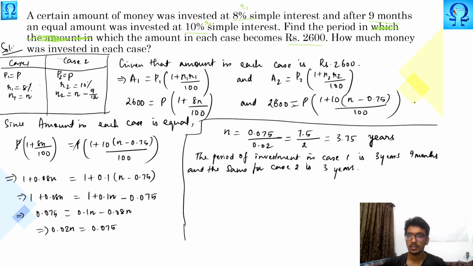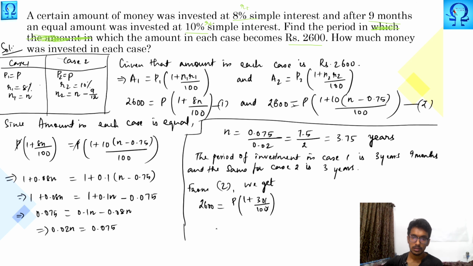If we take this as equation 2 and this as equation 1, from equation 2 we proceed now. From equation 2 we get 2600 equals P times of 1 plus 10 times of 3, so it is going to be 30 upon 100.